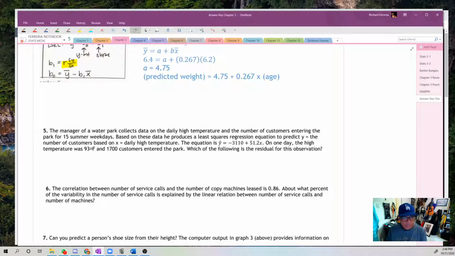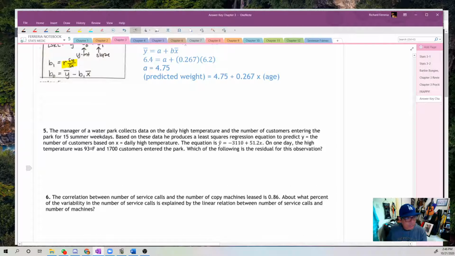The equation is y hat equals negative 3110 plus 51.2x. On one day, the high temperature was 93 degrees Fahrenheit and 1,700 customers entered the park. Which of the following is the residual for this observation?